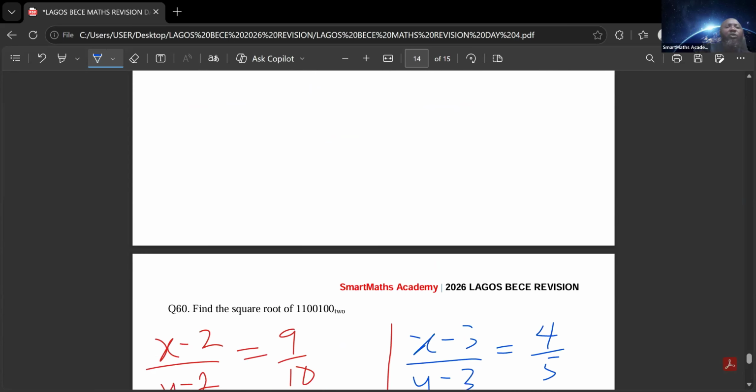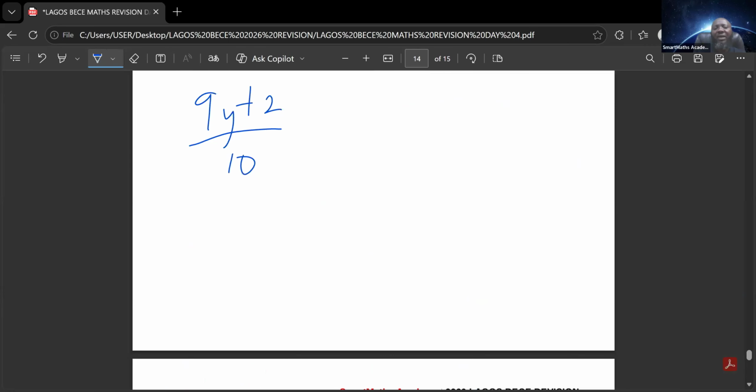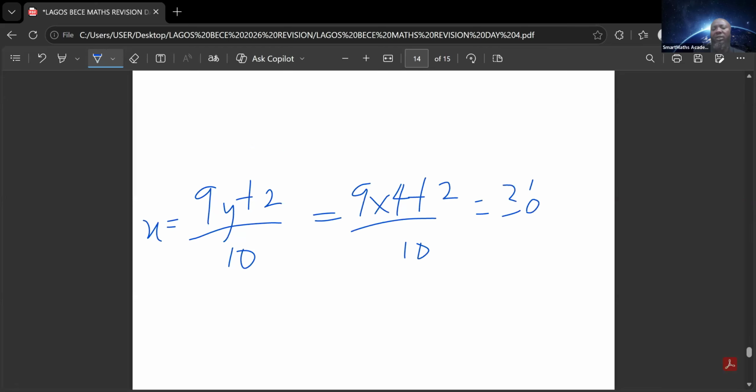The value of our y that we got here is 4. We now put that here. That gives us the value of x. So that means (9 times 4 + 2) over 10. 9 times 4 is 36, plus 2 over 10. That gives us 38 over 10.